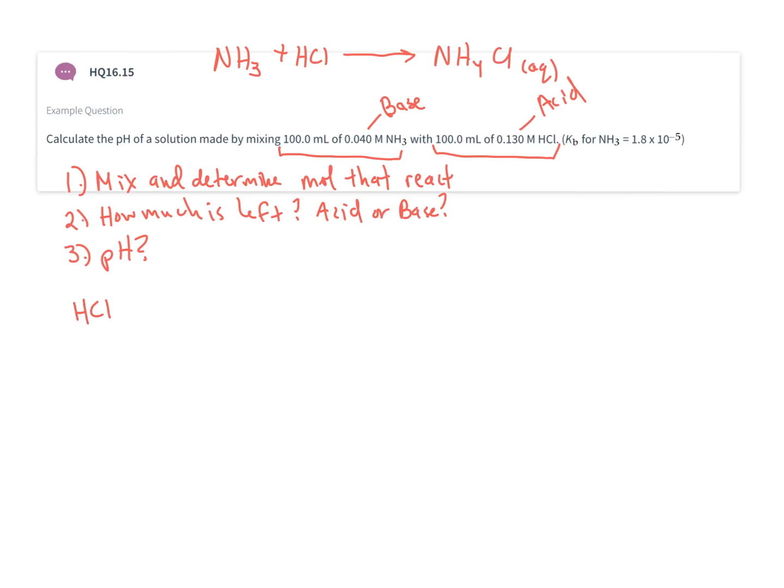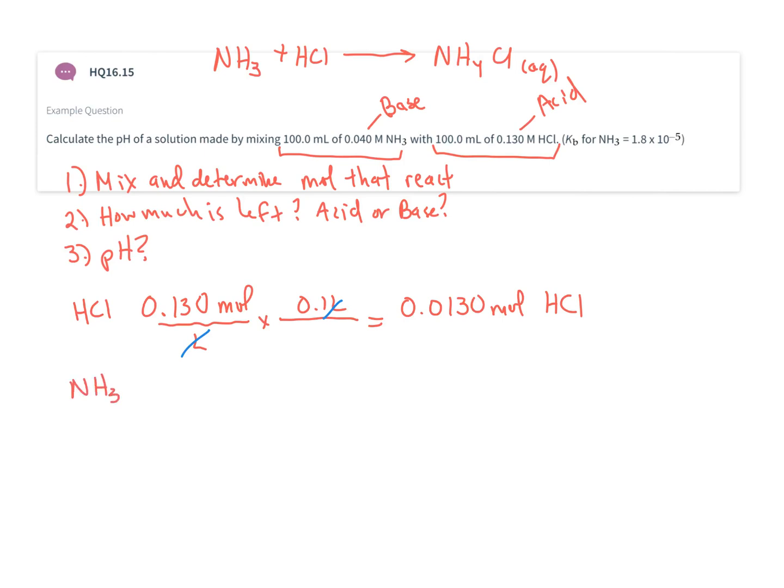For the HCl solution, I have a concentration of 0.13 molar, which is 0.13 moles per liter. And I have 100 milliliters of that solution, which is 0.1 liters. I'll notice my units of liters cancel out, and I'm left with units of moles: 0.013 moles of HCl. Next, I'll calculate for the ammonia solution.